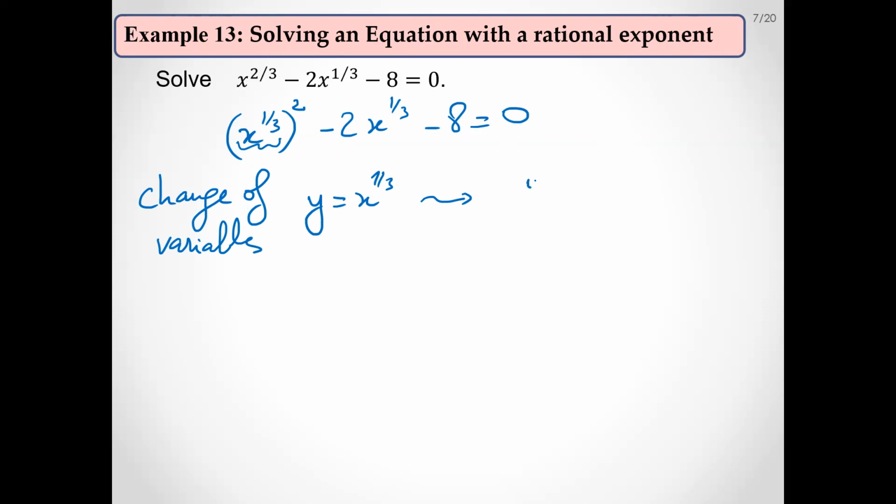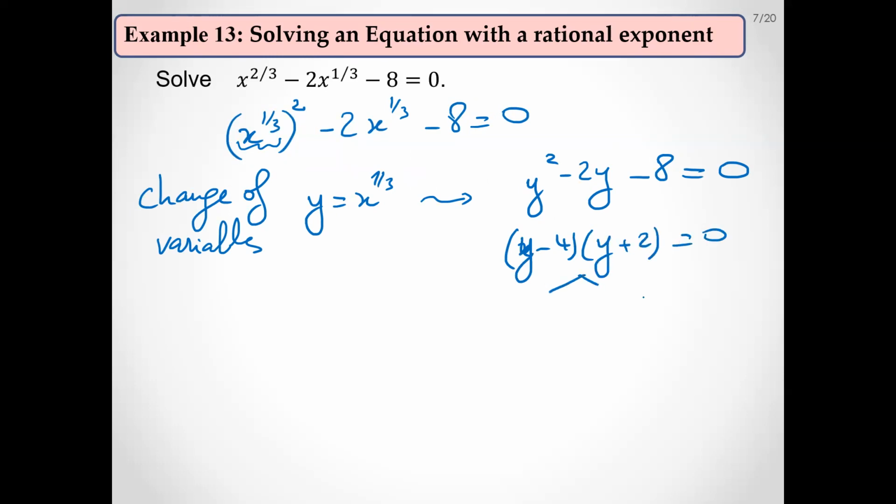Then I replace it by y squared minus 2y minus 8 equals 0. Here I can factor: y minus 4, y plus 2 equals 0. So I get y is 4 or y is minus 2. But I'm interested in x. So we go back to x. Then y is x to the 1 over 3, equal to 4 or x to the 1 over 3 equals minus 2.